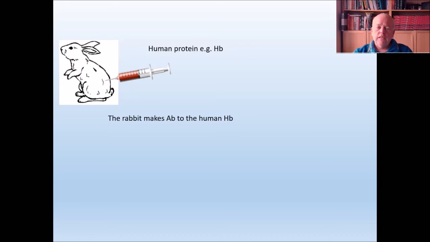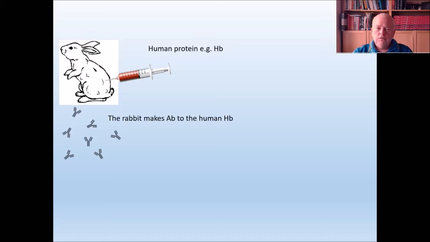These antibodies would be specific to human hemoglobin, but they wouldn't all be the same. Human hemoglobin is quite a complex shaped protein, so there'd be a number of different antibodies produced that would target particular sites on the human hemoglobin, and we'd get quite a large number of antibodies generated in our rabbit.